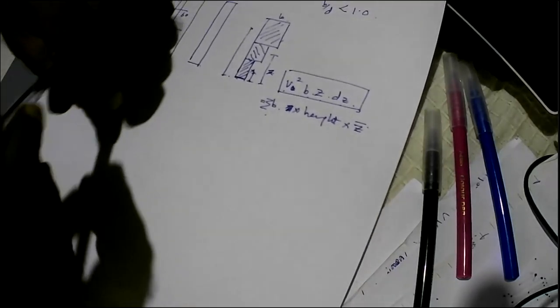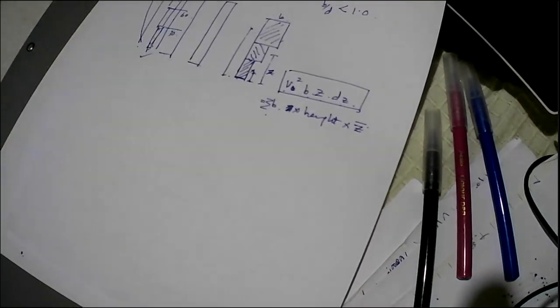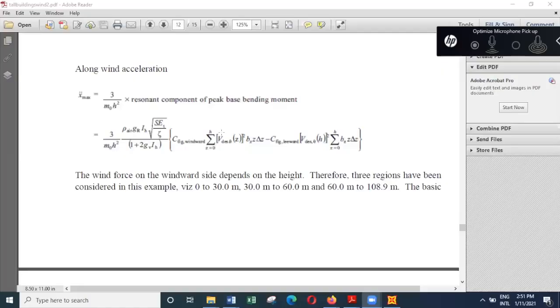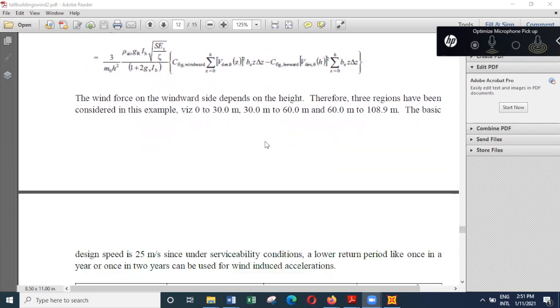So this value is given by the integral, here you get sigma over h, the integral of this V squared B z z dz.